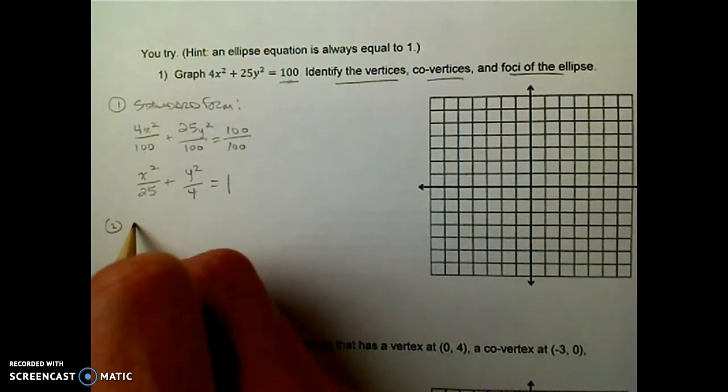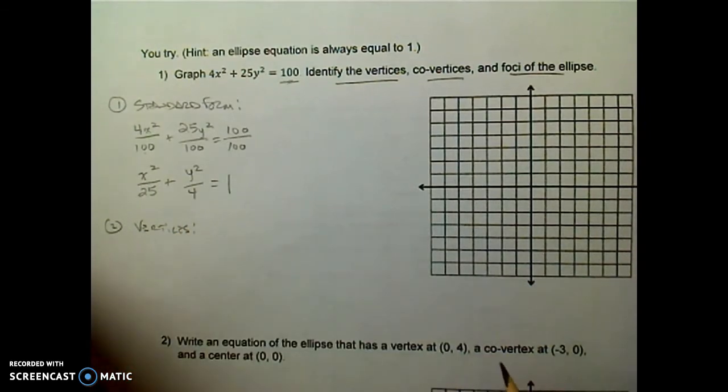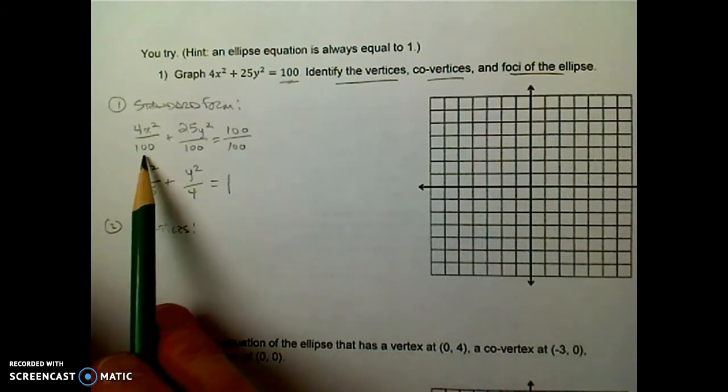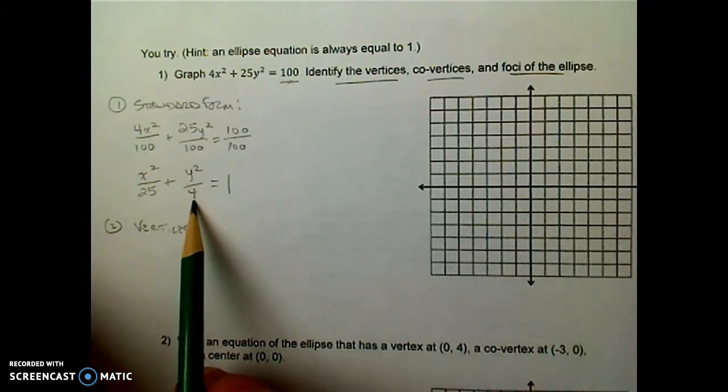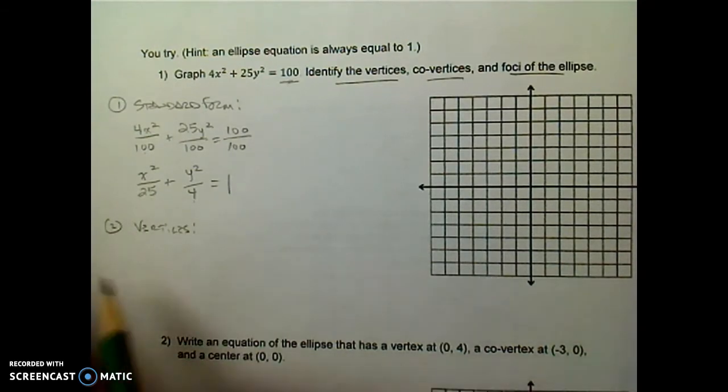So let's start with the vertices. Where are those going to be? Well, the vertices, remember, those are the endpoints of the major axis. A is greater than B here, always. And the greater number, 25, goes with x. So I know that this is a horizontal ellipse.